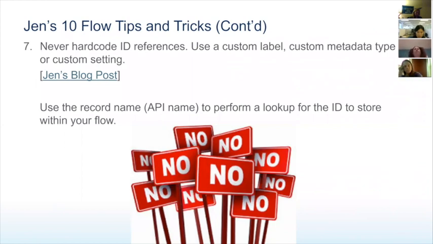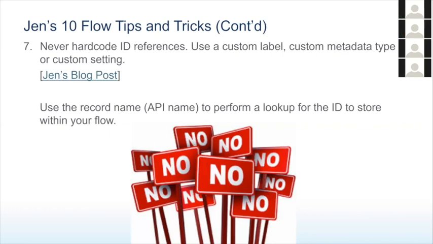So if you start in your sandbox and you reference something, and then when you move it up to your QA environment to production, you're going to then need to go into that flow, create another version, reference whatever the ID is that you're referencing. So now in all your different environments, you have different versions of that same flow.